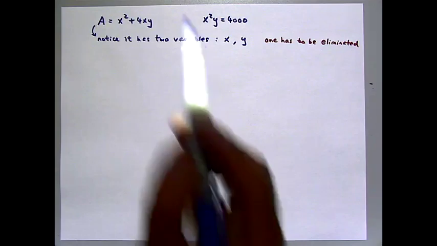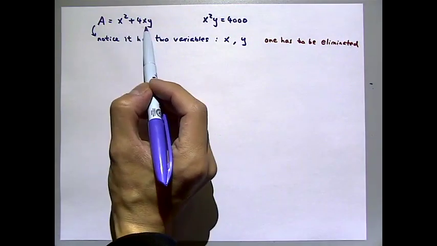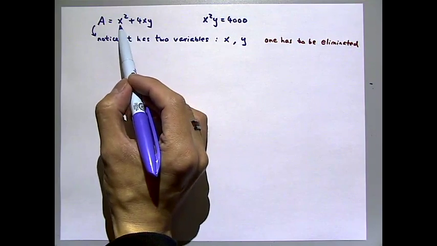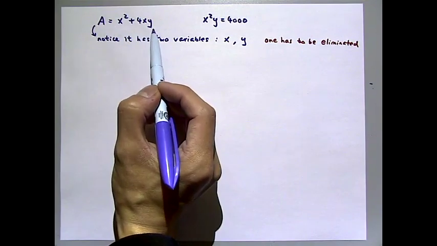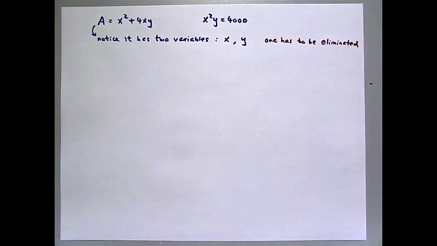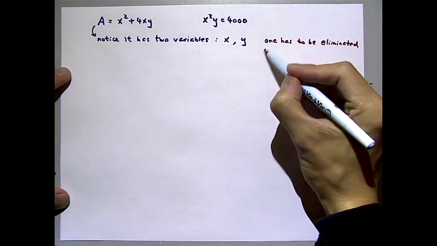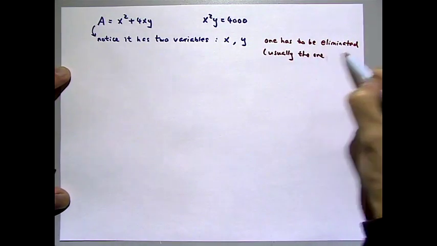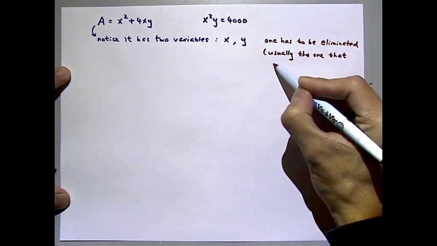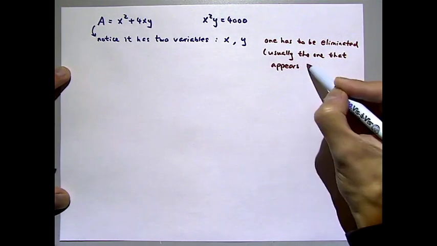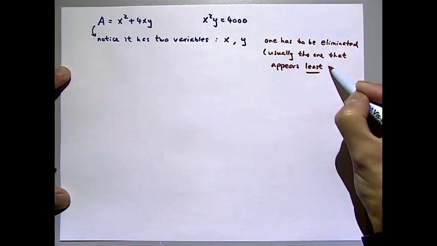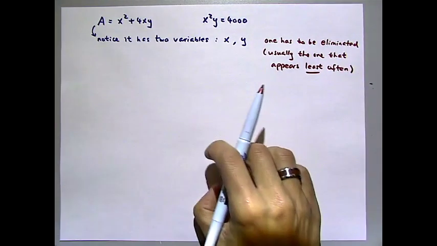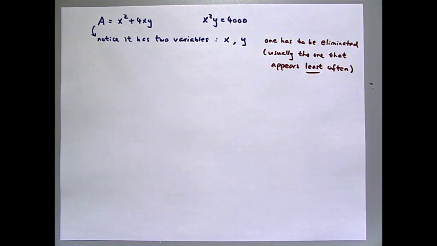Usually, you want to eliminate the one that appears least often. If you look here, x shows up twice, y shows up once. So let me write that down too. Usually the one that appears least often. But again, in principle, it doesn't really matter which one you choose to eliminate.